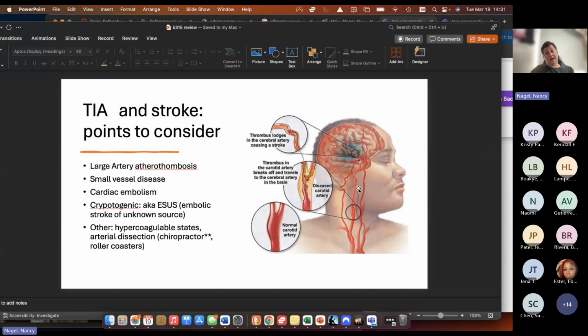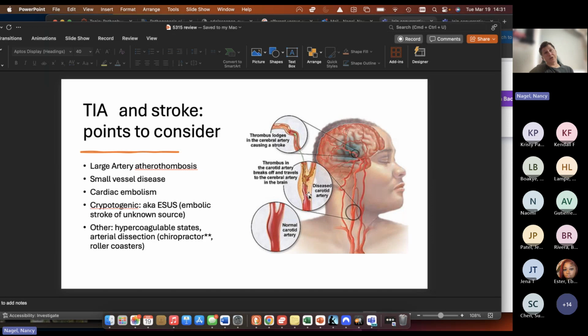There are times that we have people that actually occlude their carotid arteries, and that actually can cause very, very large strokes. But what are some of the etiologies of strokes? So, large artery atherothrombosis. You've got a diseased area here of plaque.